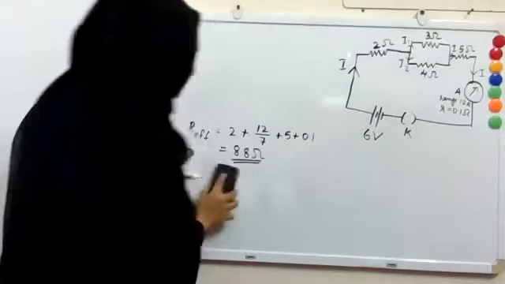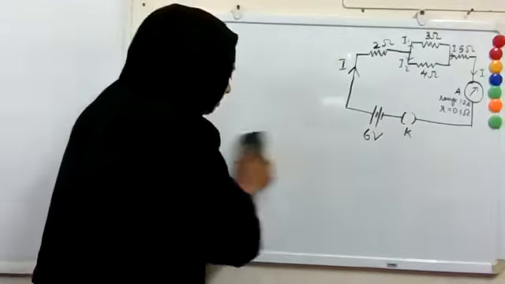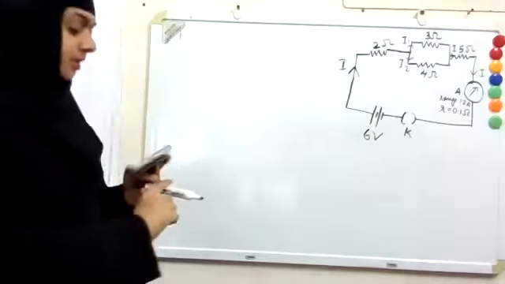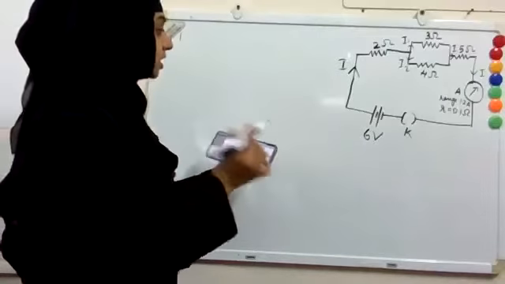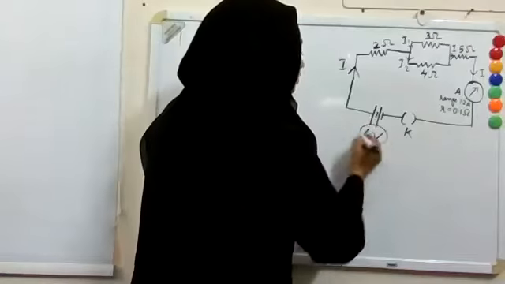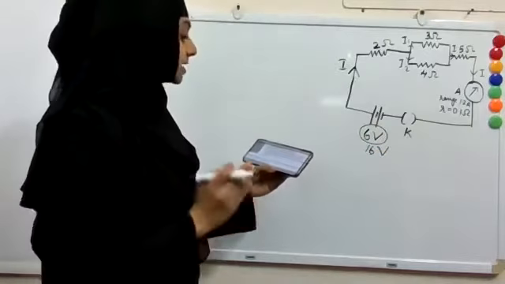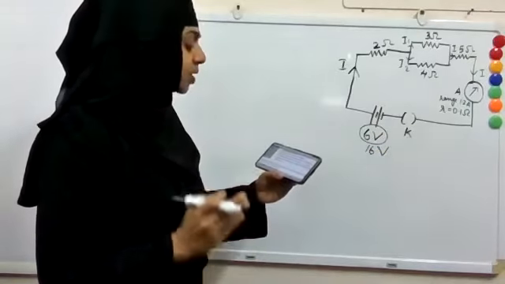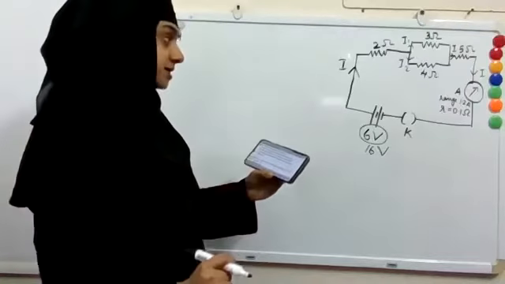So let us remember that it is 8.8 ohm. Now, if the potential difference in the source is 16 volts, so instead of 6 volt, they have now mentioned 16 volt, explain mathematically what measure should be taken to measure the current.